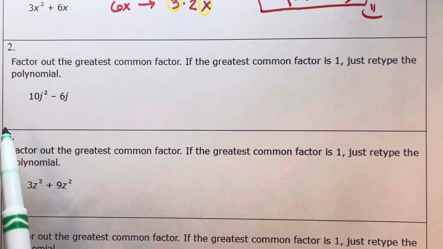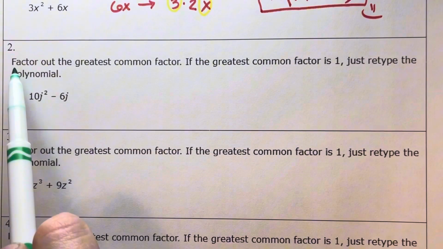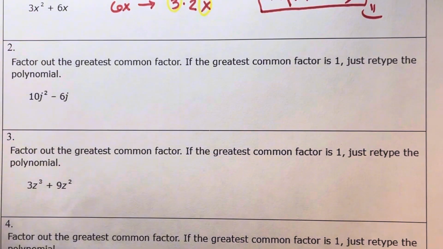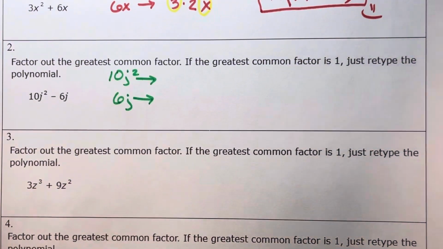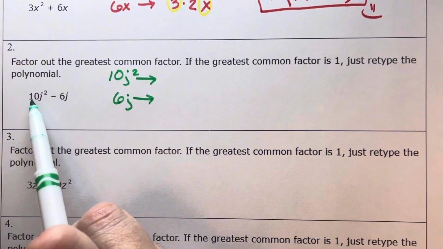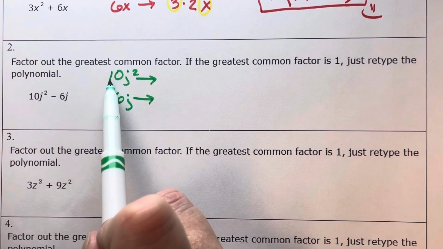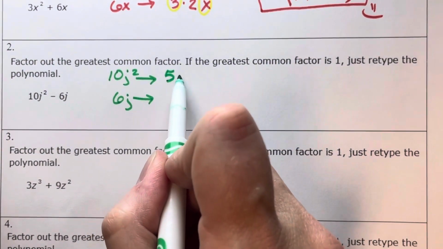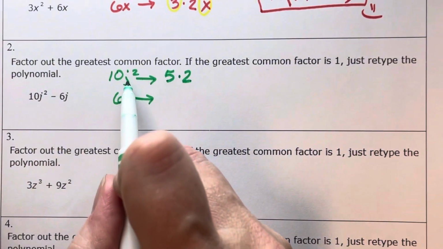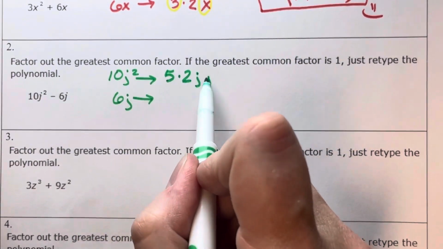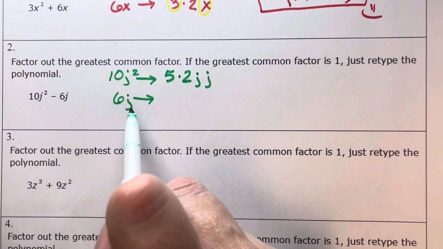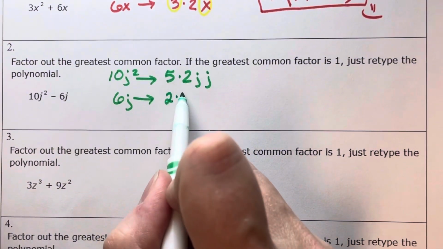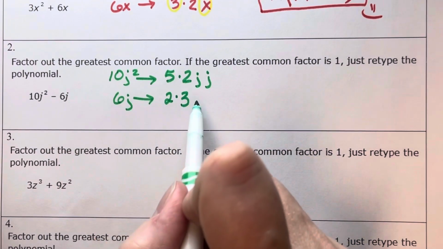In our second example, we are going to, again, factor our polynomial of two terms using the greatest common factor. Looking at our first term, 10j squared, what is 10 broken down into its prime numbers? That's 5 times 2. J squared comes from j times j. 6j, again broken down into its prime factors, is 2 times 3, and a j.